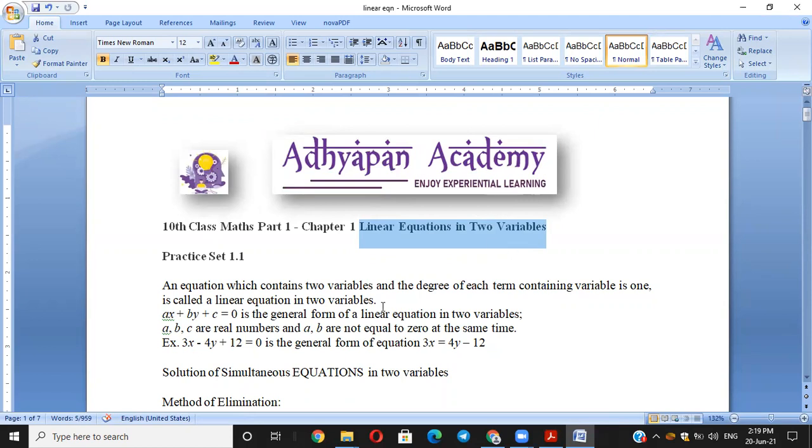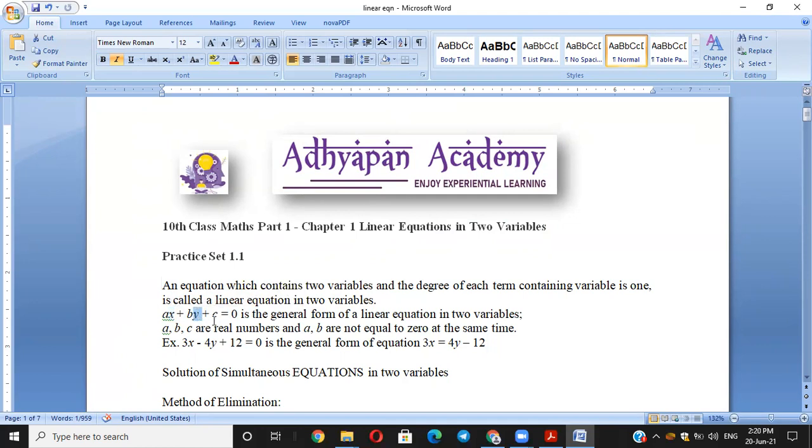Okay, so two variables, and degree of each term containing variable is 1, which means if I have the equation ax plus by plus c equal to 0, then the degree of the first term ax is nothing but x raised to 1. You have to see the degree of the variable. So x raised to 1, degree is 1, and another variable is y here, so degree of y is also 1.